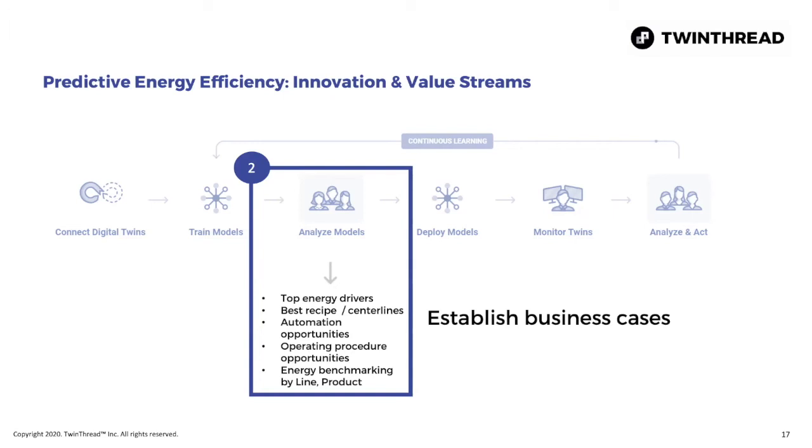So all we've done up to this point is train some models based on historical data coming from the digital twins. We haven't actually deployed a model or done anything in real time. We're just simply looking at what the model has learned.